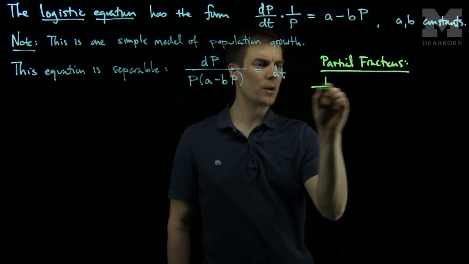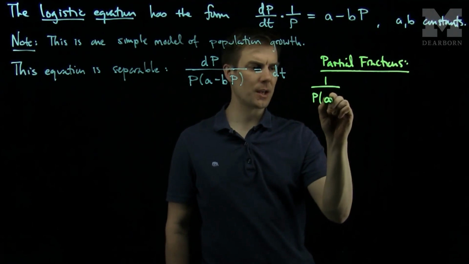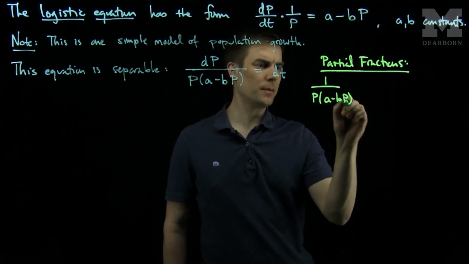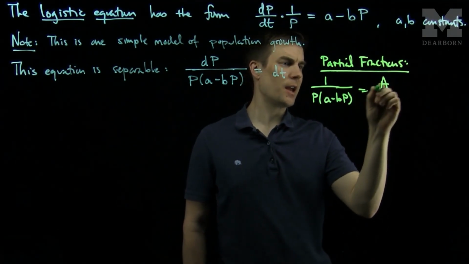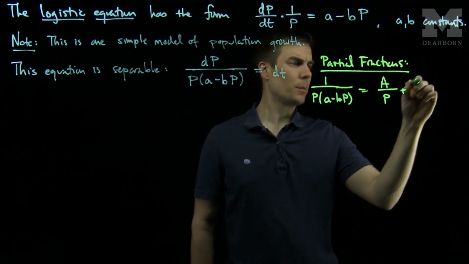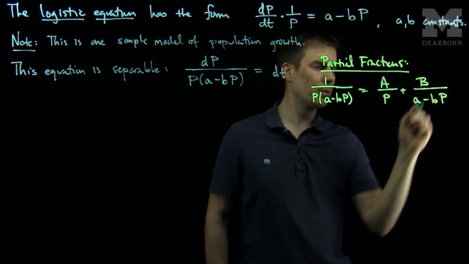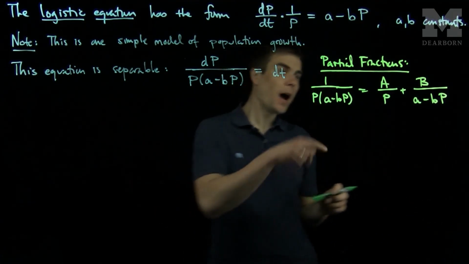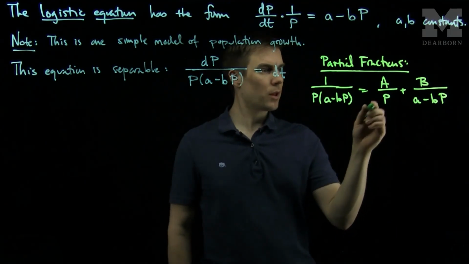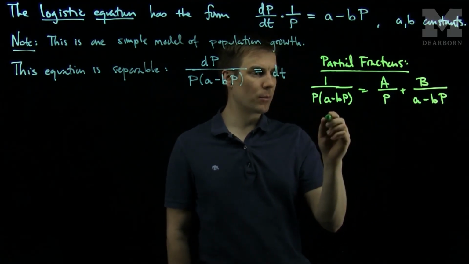We'll write 1 over p times (a minus bp) as a constant A over p plus a constant B over (a minus bp). To find what A is, we will plug in p equals 0 after multiplying by p.